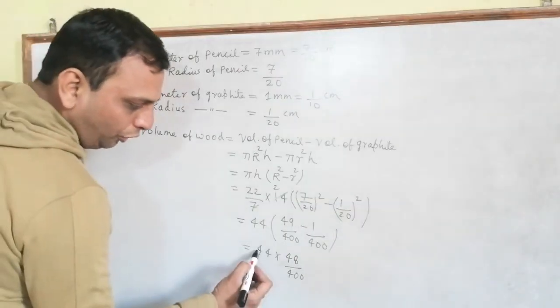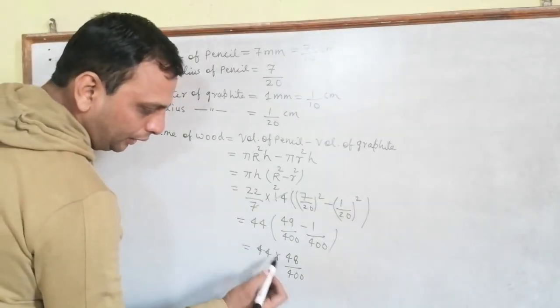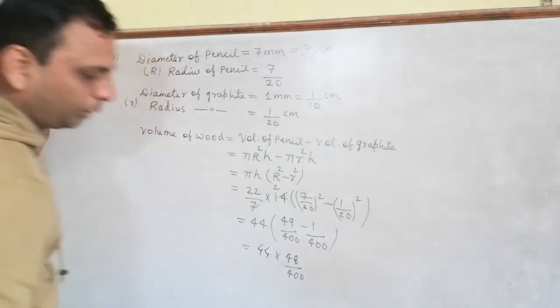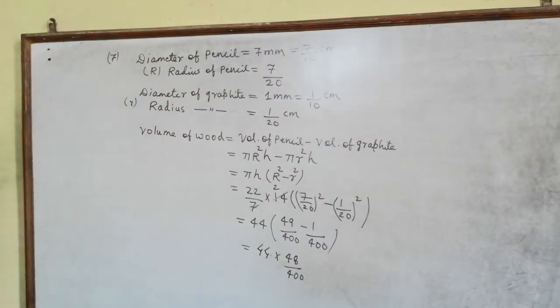So here 44 will cancel with the 2 also, and we can cancel with the 4 also. In the 4, 11 times will come, and in the 100, 4 will come.